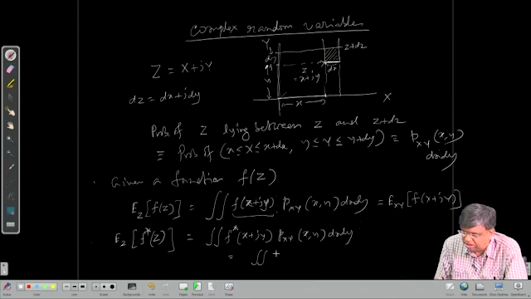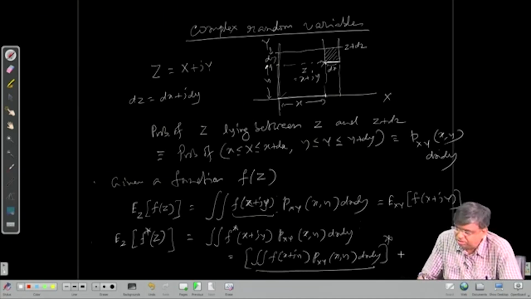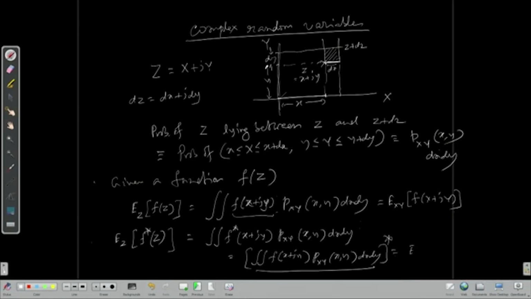That is first you integrate this product, but this is what I have here. So that means this will be nothing but E_Z of the original function f of z, and then star.